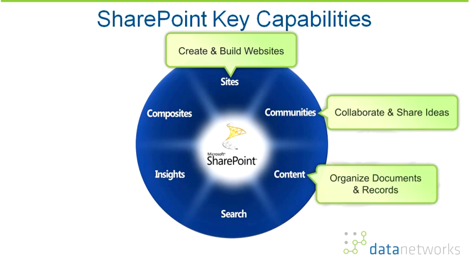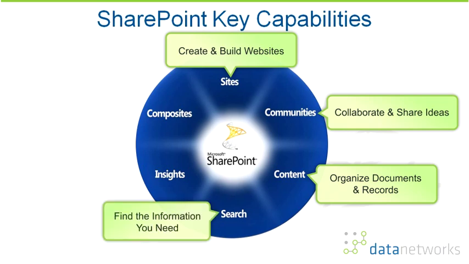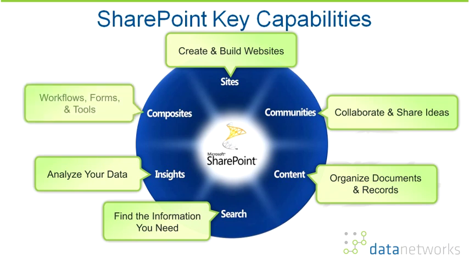Content is your documents, how to organize your documents and records. Search is finding the information that you need. And then once you have that information, Insights allows you to analyze your data. And then Composites is being able to take everything and customize it the way you need to. Workflows, forms, and other types of tools fit into the Composites area.